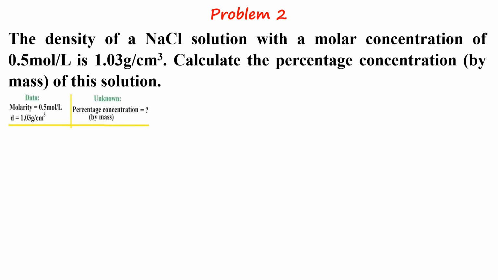Let's start by writing down what we know and what we need to calculate in this problem. We know the molarity and density of the solution, and we are looking for the percentage concentration by mass of the solution. We calculate the molar mass of our compound. In this case, it is sodium chloride.